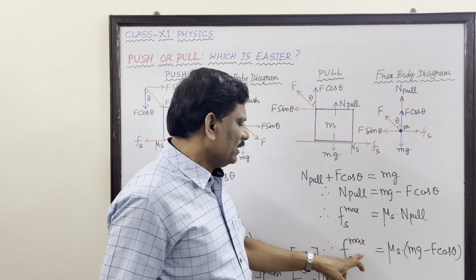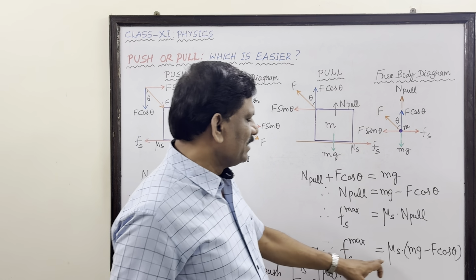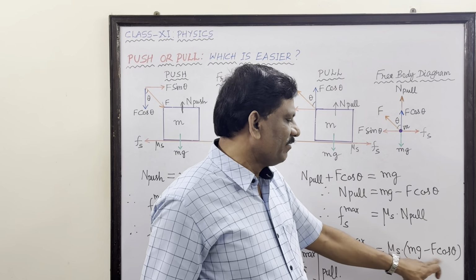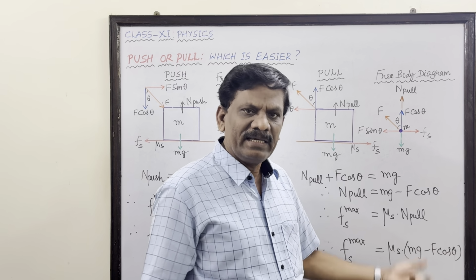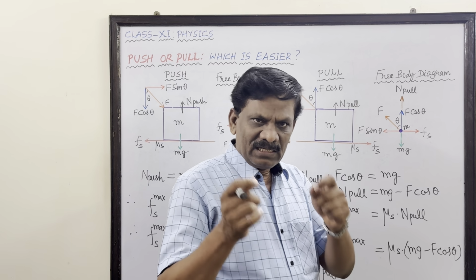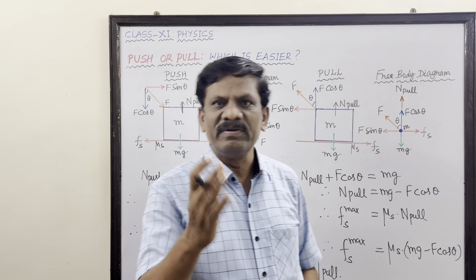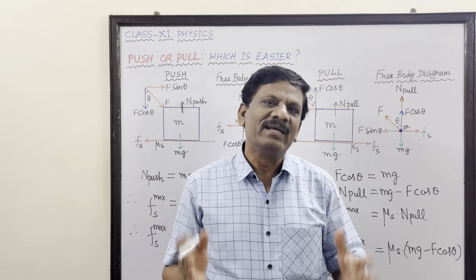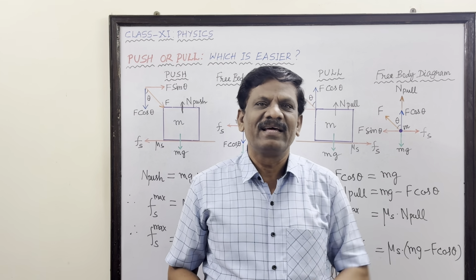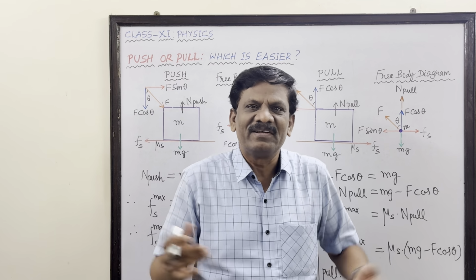In the case of pulling, Fs maximum is mu s into (mg minus F into cos 0, which is 1). Again the frictional force is comparatively lesser in the case of pulling an object. Hence we can conclude that pulling an object is always easier than pushing an object. I hope you have understood well. Fine.